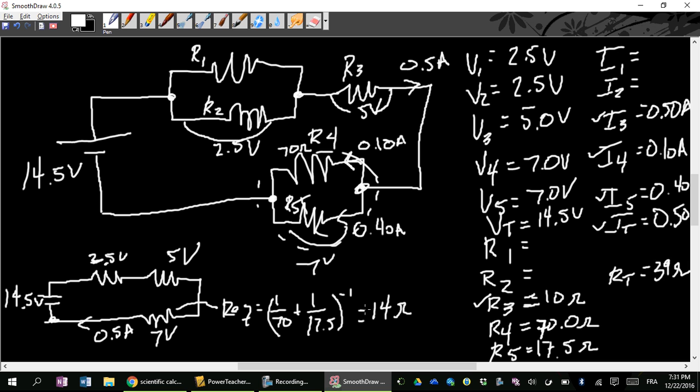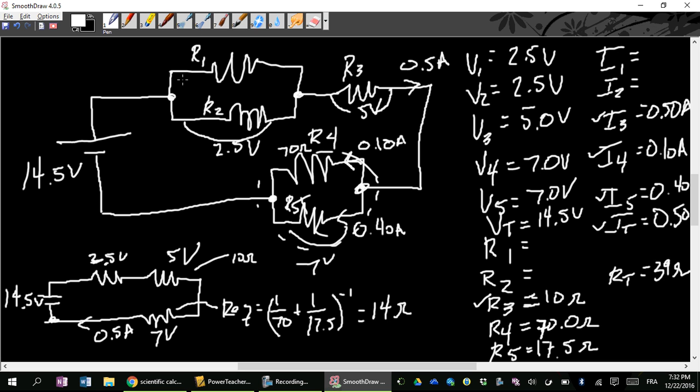Okay, so this is 14 ohms. This is, I had it earlier, R3, this is 10 ohms. Do you see what I'm doing here? RT is 39, so I go 39 minus 10, that's 29, minus 14, that's 15.